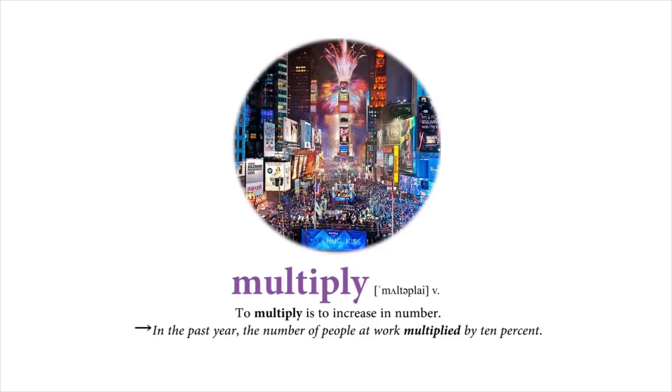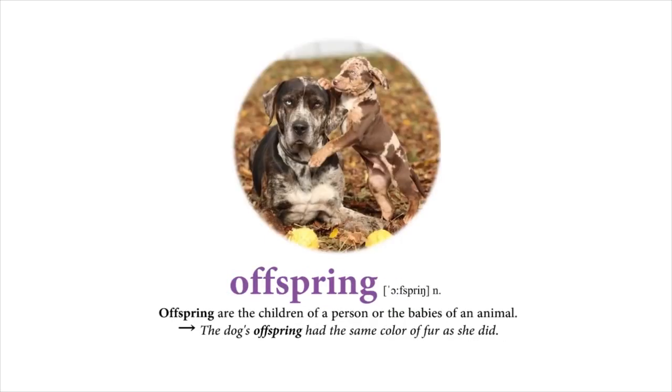Multiply. To multiply is to increase in number. In the past year, the number of people at work multiplied by 10%. Offspring. Offspring are the children of a person or the babies of an animal. The dog's offspring had the same color of fur as she did.